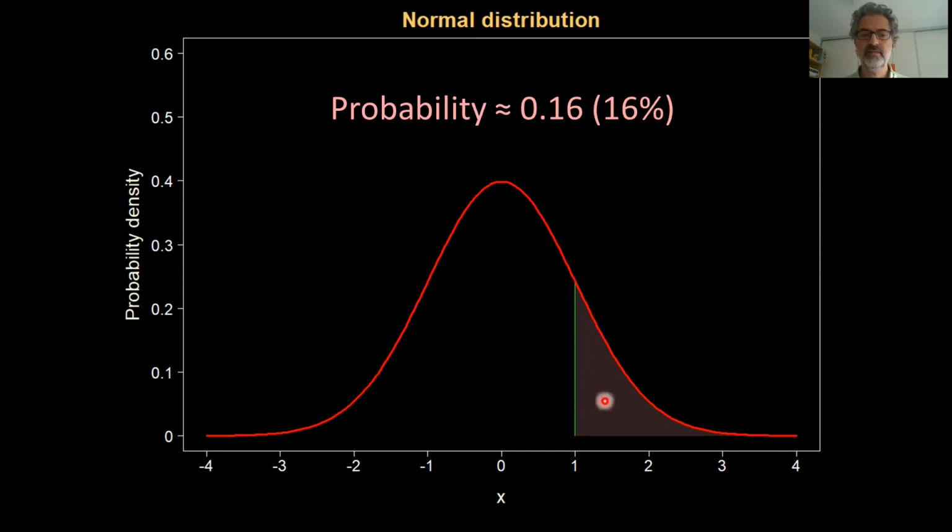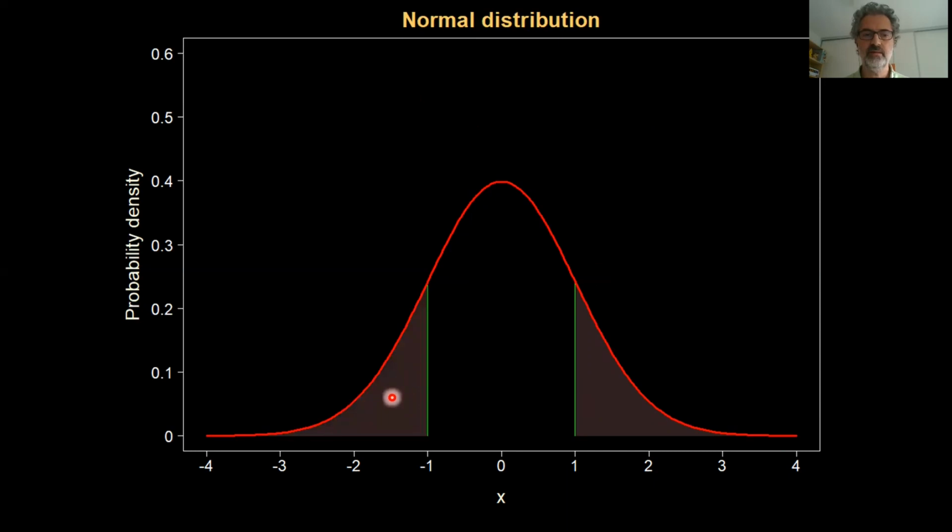So if this is 16 from 1 to the end forever, and because this is a symmetric curve, then this also should be 16 from minus 1 to the left end. So 16 plus 16 means that the probability that is outside of the range from minus 1 to 1, the sum of these two areas, is about 32%.